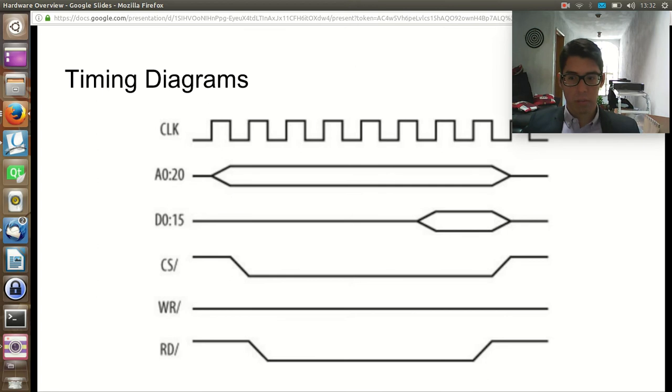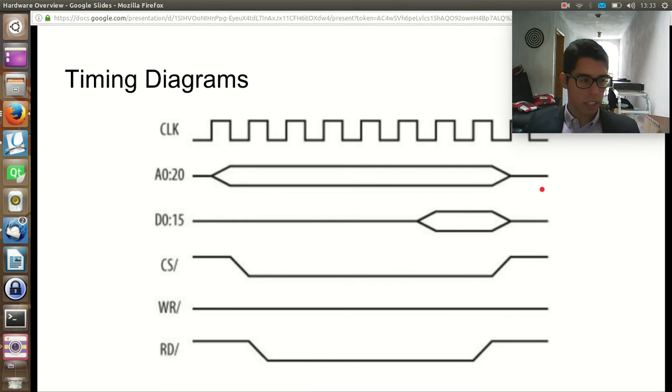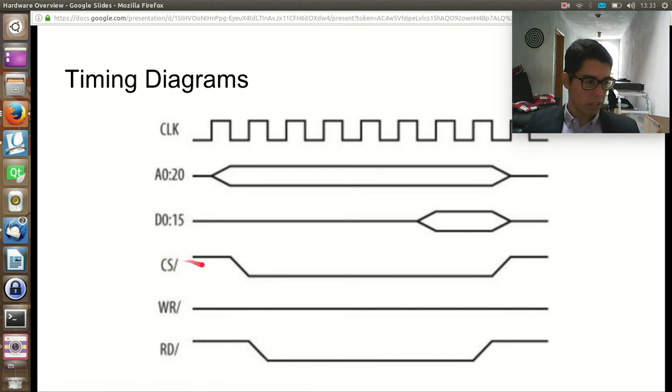Timing requirements detail the minimum and maximum acceptable times for all the various signals that we might have, like this one. The timing diagrams represent the timing relationship between the various signals for a given operation. So we have the clock, the data bus, and some simple signals.